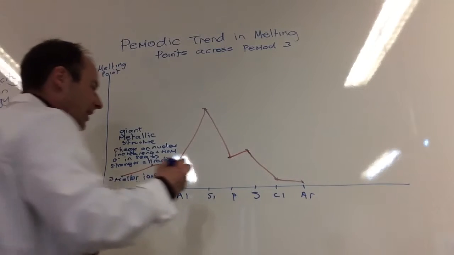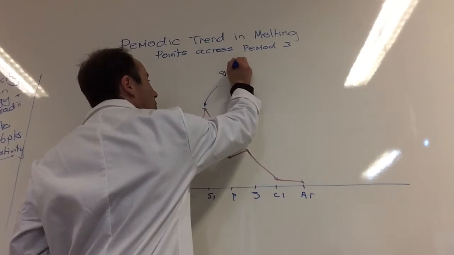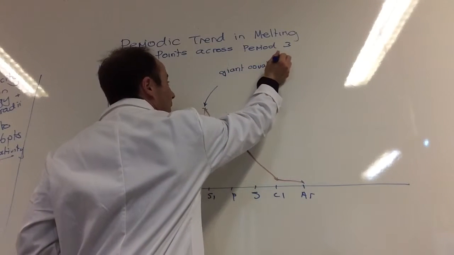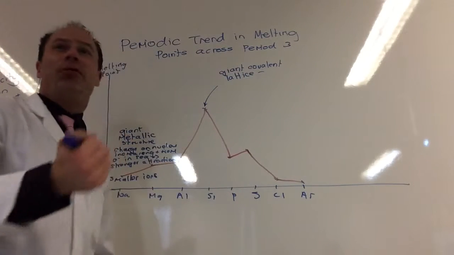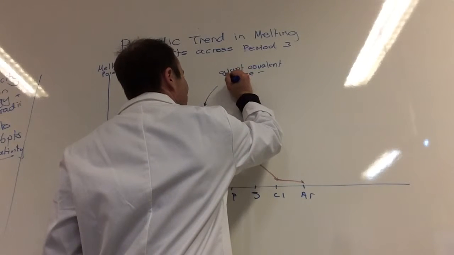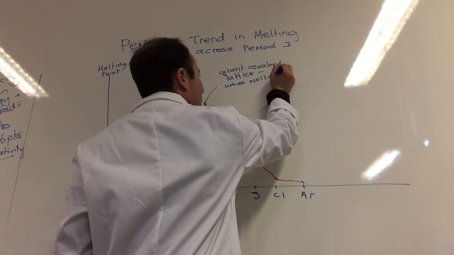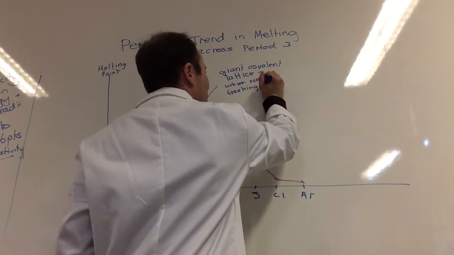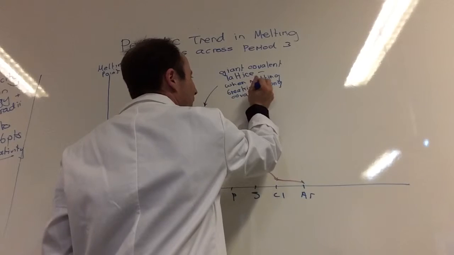Let's try and think about silicon. What type of structure does silicon have? Yeah, giant covalent lattice. So if I melt that, when melting, I'm breaking strong covalent bonds, which requires a lot of energy.